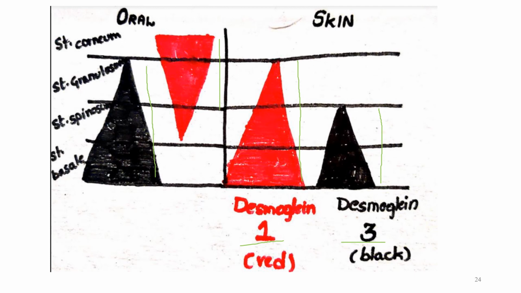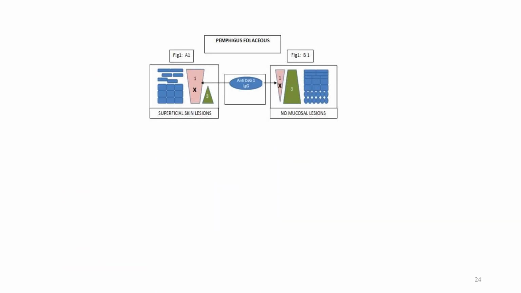There is one more characteristic feature of desmoglein 1 and 3, that is they compensate for the function of each other. If desmoglein 3 is not functioning, desmoglein 1 helps in attaching the cells together. So now let us see in Pemphigus foliaceus. We have two questions. First, why it involves only skin, and why the blister formation is seen superficially. So let us answer.